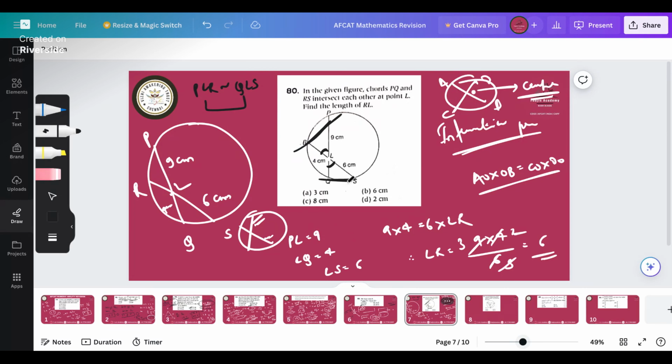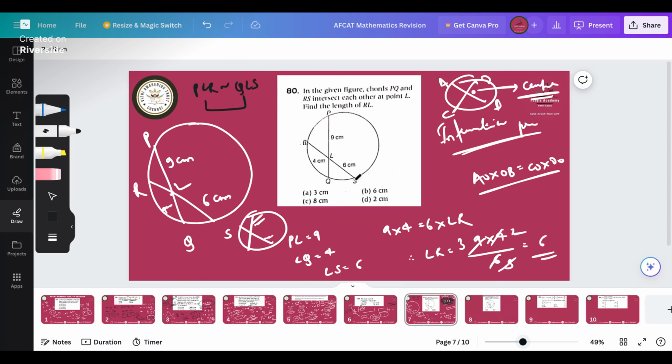So if they are parallel, this angle and this angle will be equal. Basically, the point I'm trying to make is that triangle PLR will be similar to triangle QLS.